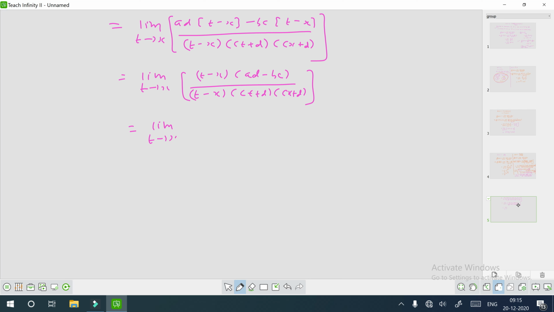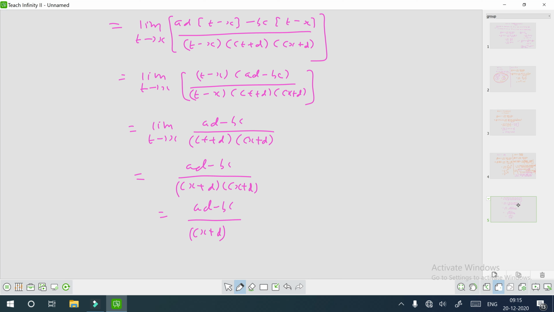Limit t tends to x, (AD minus BC) over (CT plus D) times (CX plus D), that is (AD minus BC) over (CX plus D) whole square.